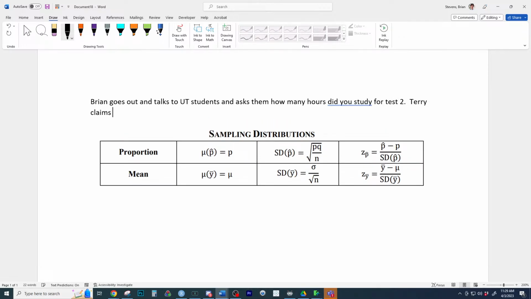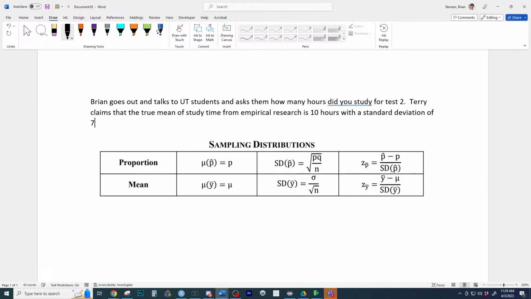Terry claims that the true mean of study time from empirical research is 10 hours with a standard deviation of 3, or let's say 7, and it's heavily right skewed.